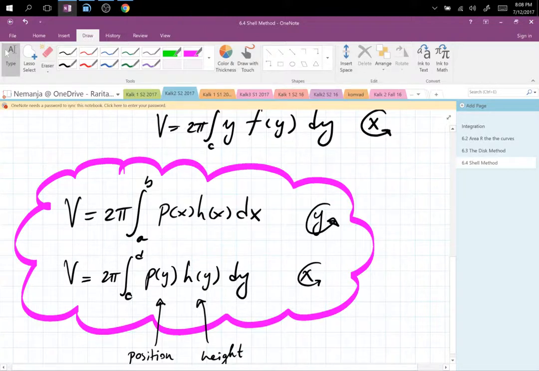Sometimes the only way you can solve a problem is a shell method. Sometimes you can use both. Sometimes one is faster than the other. So that's going to be, again, experience and the number of problems and the amount of homework you do to see all of those, and especially to see before you start working on a problem. If you are masters of dx, dy rectangles, you will be able to set these things up and figure out which method is better and how it works.